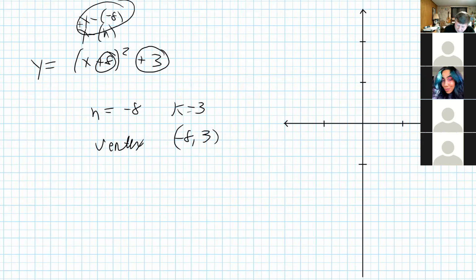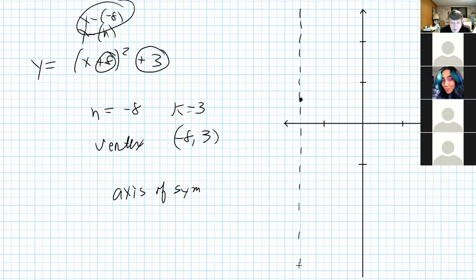Now, there's something called the axis of symmetry, okay? The vertex here is -8, 3. The axis of symmetry is a dotted line that goes through the vertex.